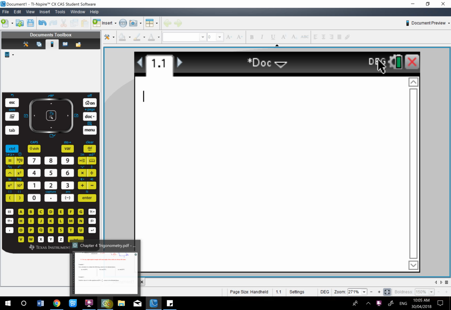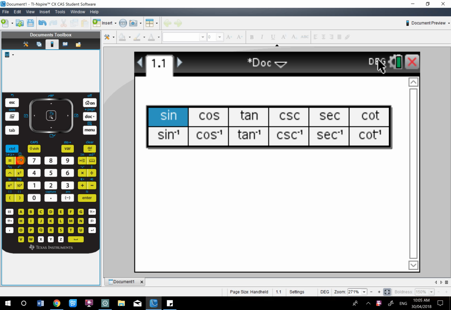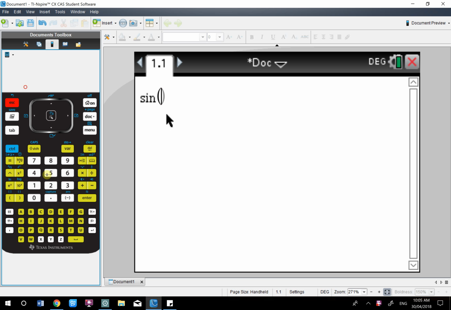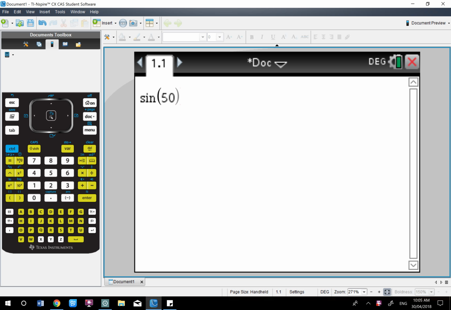So you can just type sine 50, where sine is in the trig menu next to the equal sign. I should type the degree, but because I'm already in degree mode, I don't need to type the little circle in the right corner. So I'll press enter.